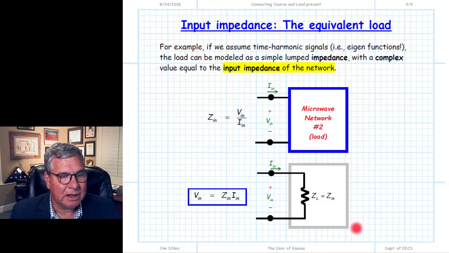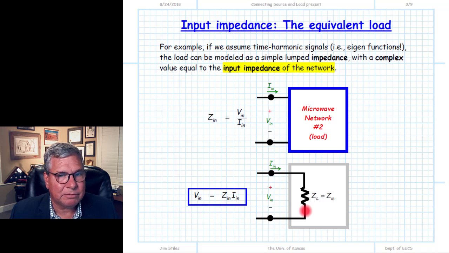And so here the model is very simple. We determine the impedance of this single port device, and that becomes essentially the mathematical model. We model this blue box as if just inside the port there is a lumped impedance.